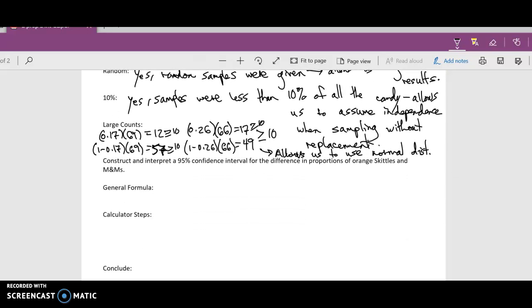Okay. Construct and interpret a 95% confidence interval for the difference in proportions of orange Skittles and M&Ms.